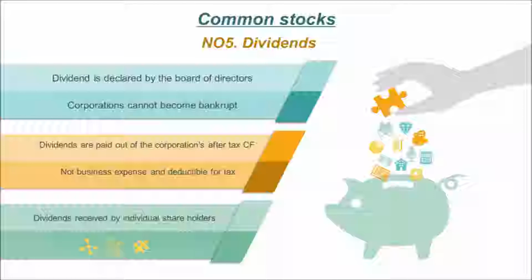A corporation cannot default on an undeclared dividend, and therefore cannot become bankrupt because of non-payment of dividends. Second, dividends are paid out of the corporation's after-tax cash flow. They are not business expenses and are not deductible for corporate tax purposes. And thirdly, dividends received by individual shareholders are taxable.